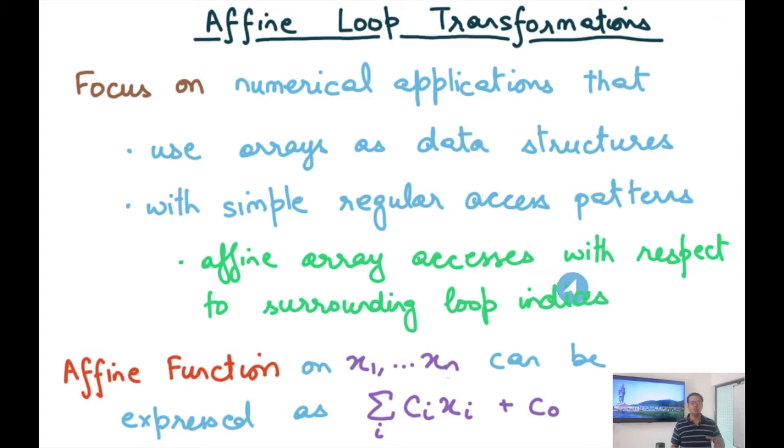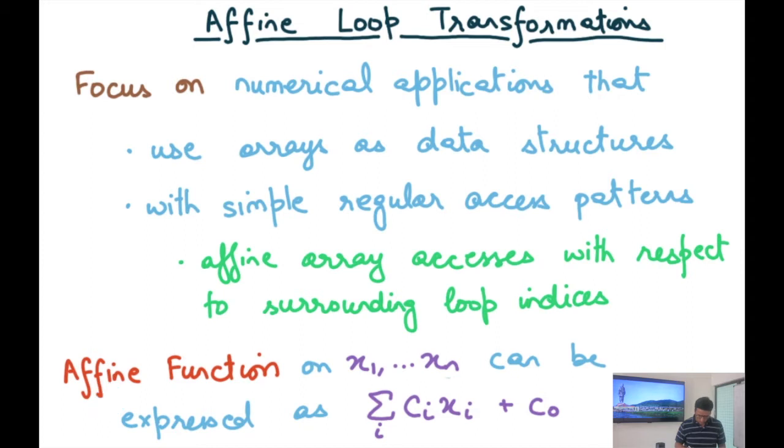So if the loop is iterating from, let's say, 1 to n, then the access pattern on the array is an affine expression on i, which is the iteration variable. Right, and there could be multiple. This is just one loop. There could be a loop nest of depth 2 or a loop nest of depth 3, and so on. And we're going to see some examples.